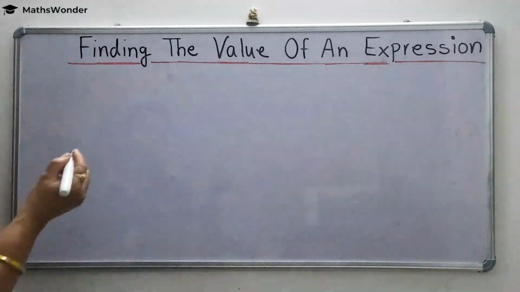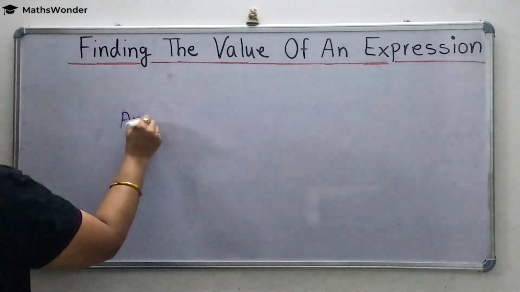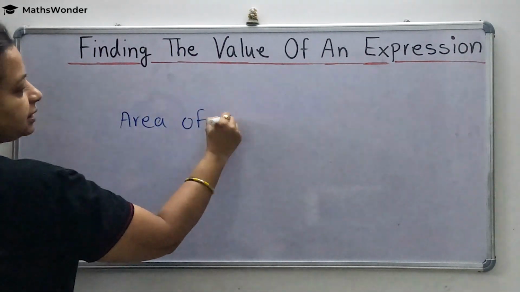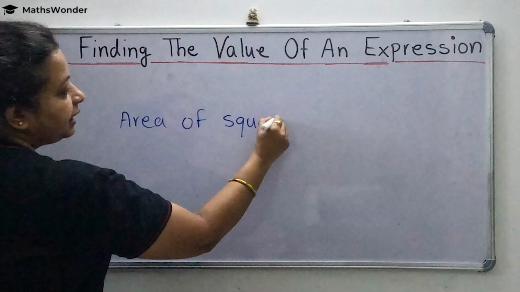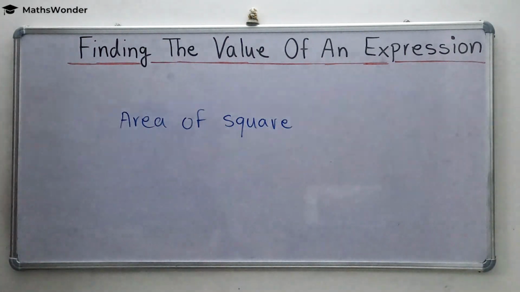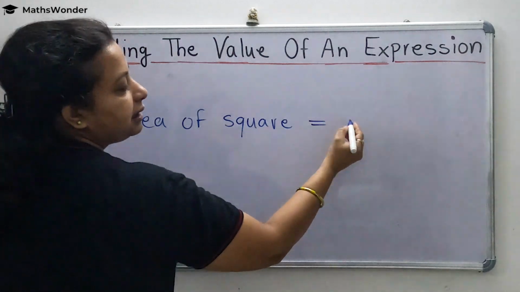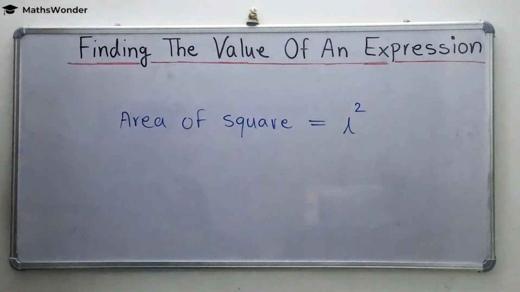For example, the area of a square, right? Area of square is L square, where L is the length of the side.